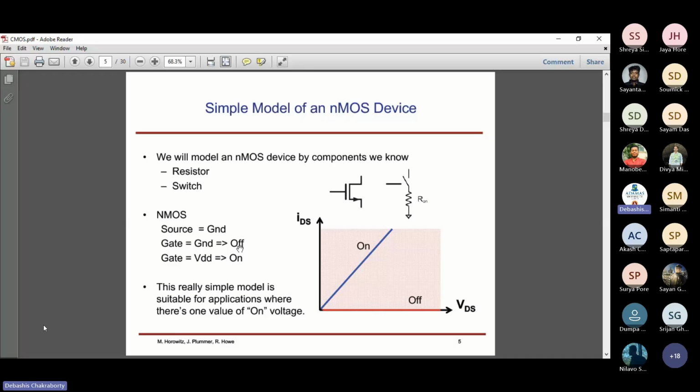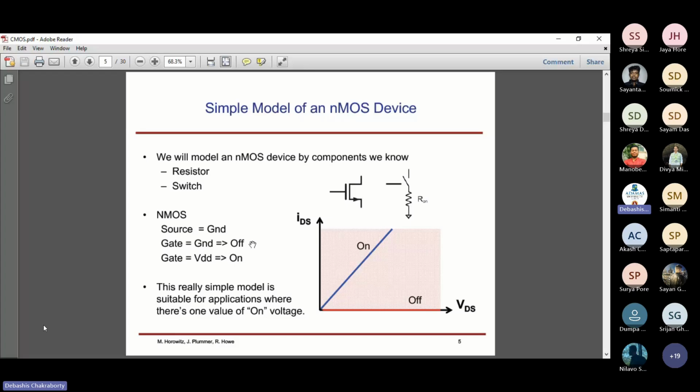What does it mean that the device is off? There is no current flowing between the drain and the source terminal vertically. Follow my pointer: from the drain towards the source, in this vertical path, no current flows when the gate is grounded, meaning we have not applied any voltage to the gate terminal.